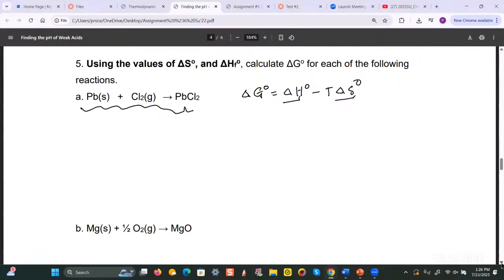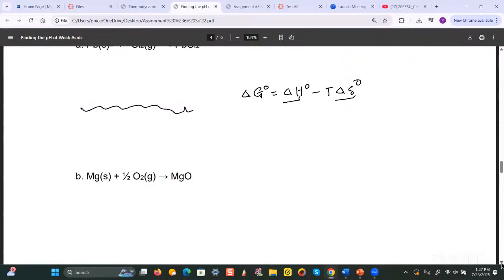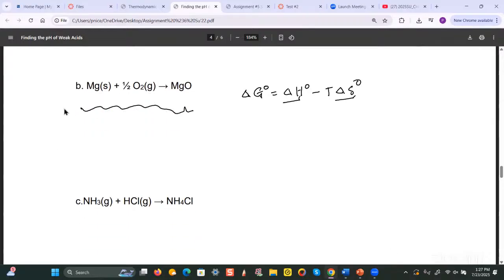On number 2D, it says the carbon chloride, but our table doesn't have that either. Oh, it has chloride and it has carbon, but not together? Okay, I'll look into that one. Thank you for telling me that. Okay, let me scroll down now to this one.